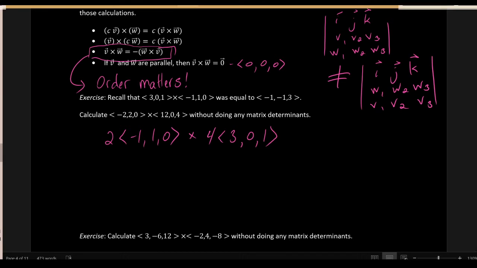So properties number 1 and 2 tell me that I can basically factor those scalars out. I can factor those scalars out as 2 times 4 times the result of the cross product of the unscaled vectors.